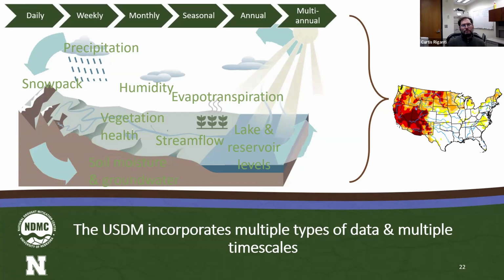So again, finally, I just wanted to get into, when we're making the map, we're not only looking at different types of data in the water cycle, but we're also looking at the time periods that those different data sets are describing.